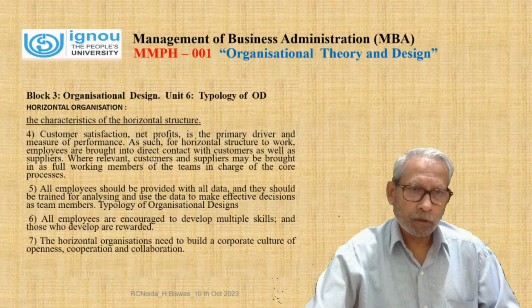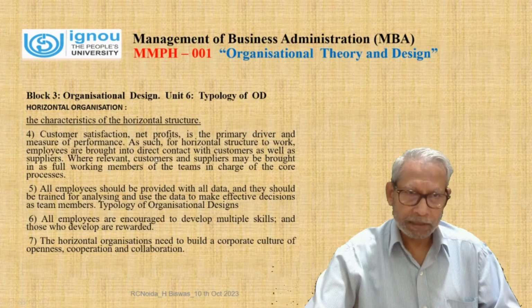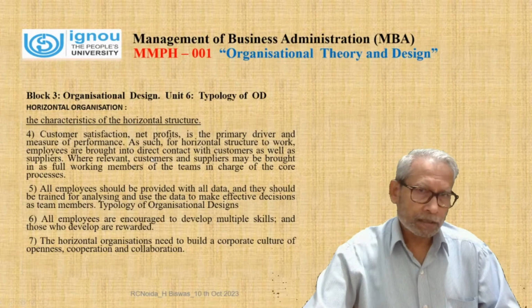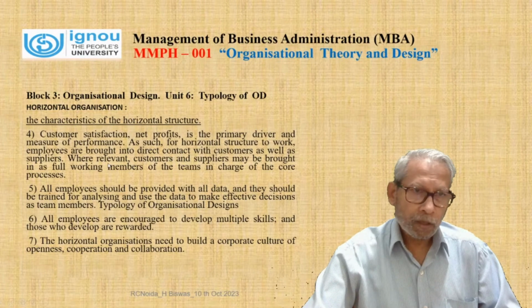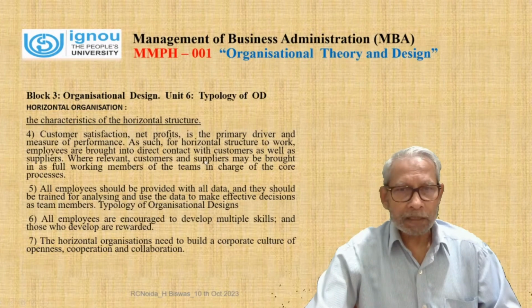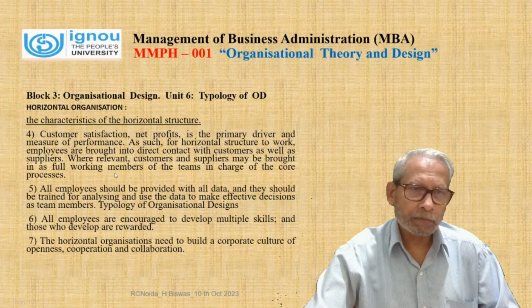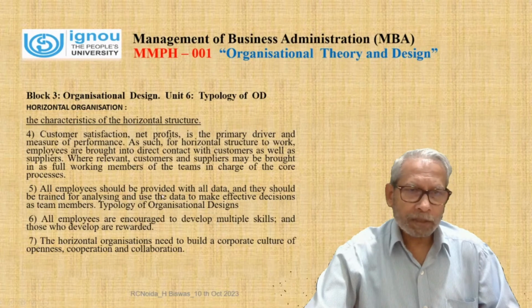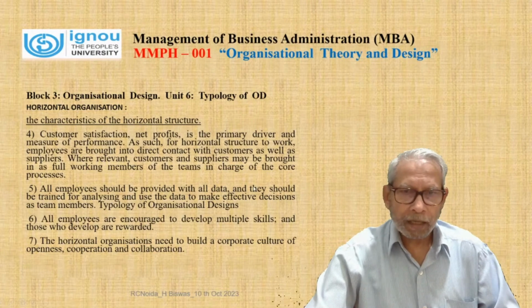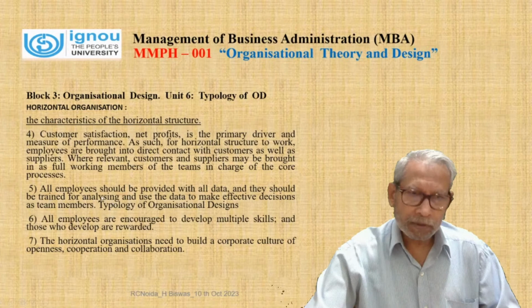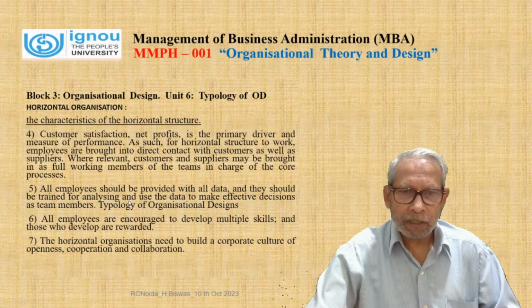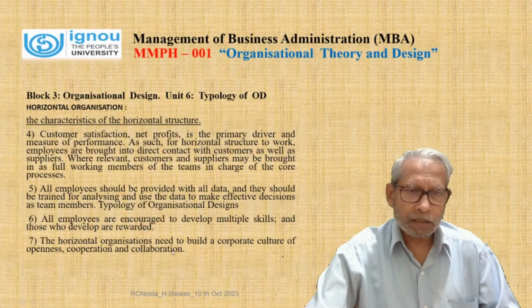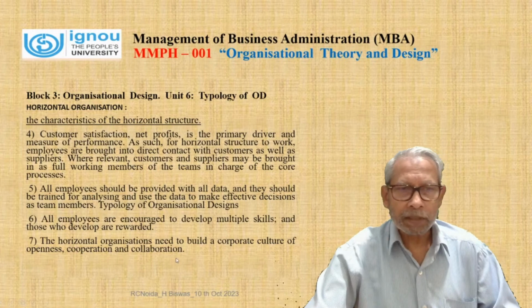Employees are brought into direct contact, where relevant customers and suppliers may be brought in as full working members. All employees should be provided with all the data and trained for analysis purposes. All employees are encouraged to develop multiple skills. Horizontal organizations need to build a corporate culture of openness, cooperation, and collaboration.